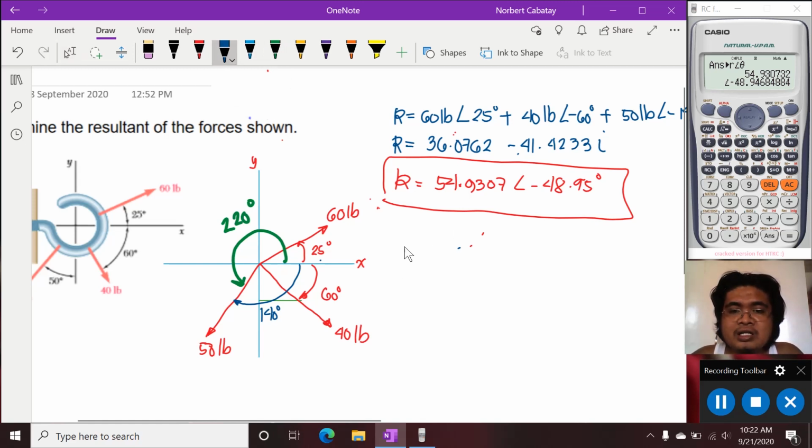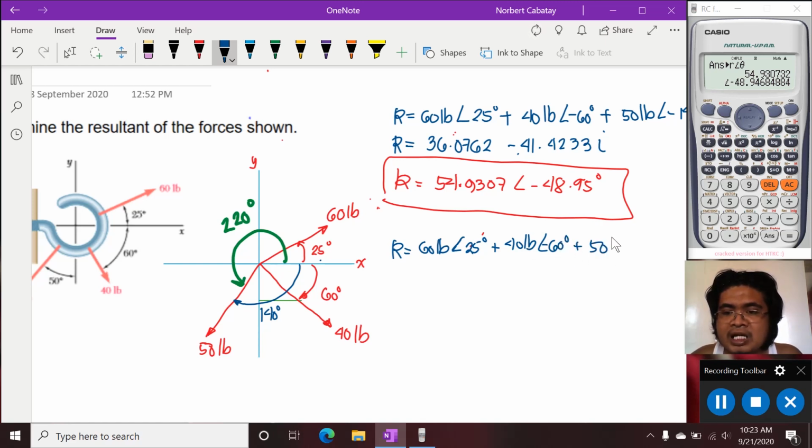When we solve it, that is 60 pounds at an angle of 25 still, plus 40 pounds at an angle of 60 degrees, or negative 60, plus the 50 pounds, where we use angle positive 220.